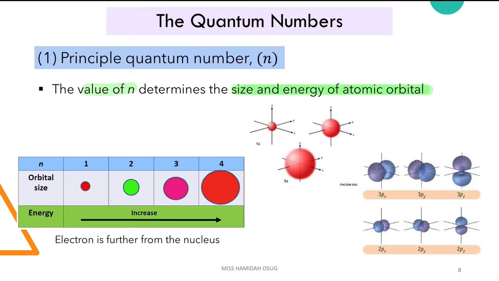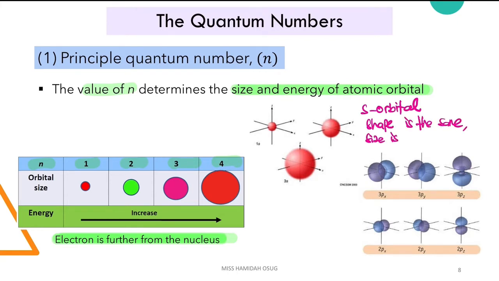As we can see, as the n value increases, the orbital size also increases, and the energy also increases. In the diagram of the s orbital, when we compare the orbitals 1s, 2s, and 3s, the shape is still the same, but the size is bigger.